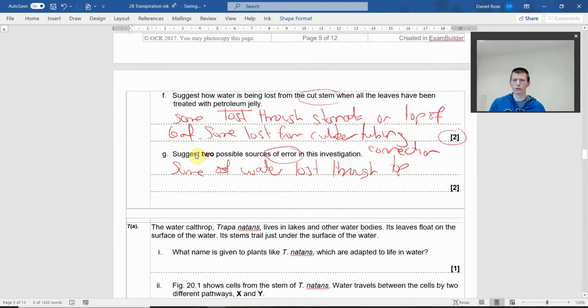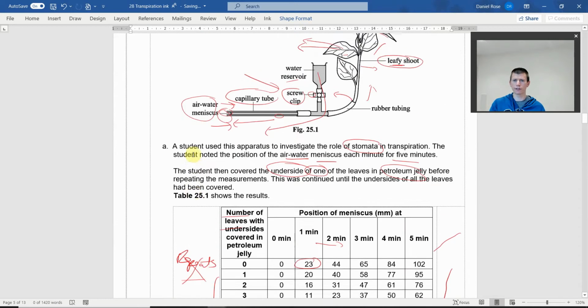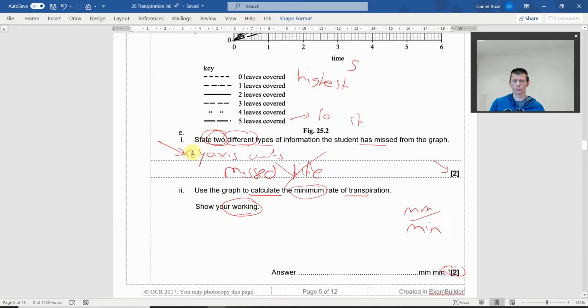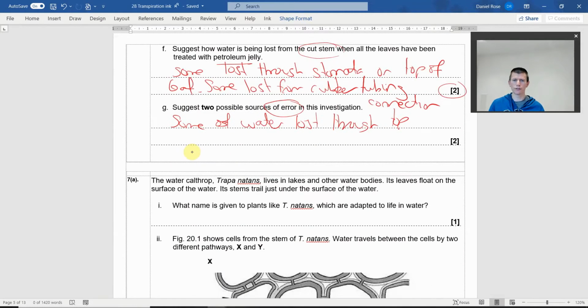Well, what they controlled, let's go and have a look. Actually, I've not highlighted anything that they've really controlled. So that means between one leaf and next, not controlled. Temperature, that's always one to watch out for. And we also know that wind speed and some kind of air movement.